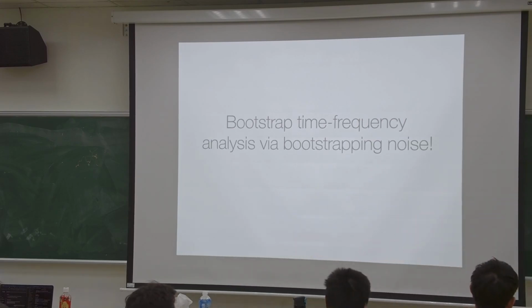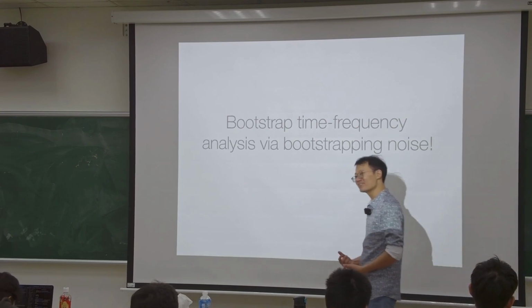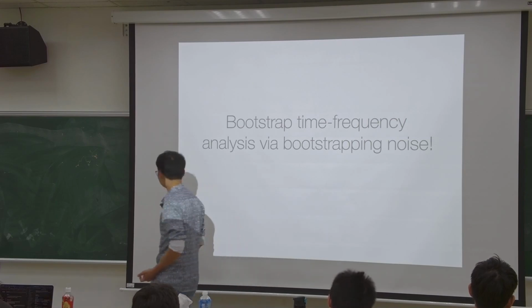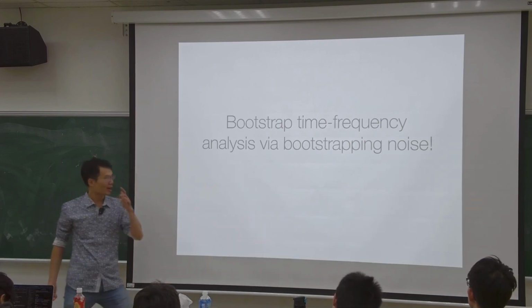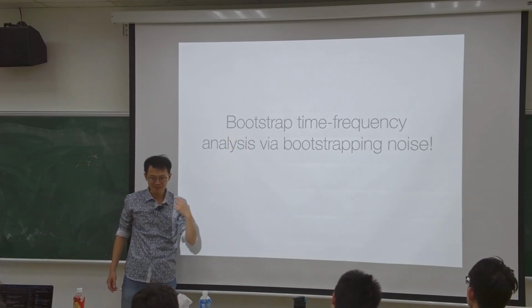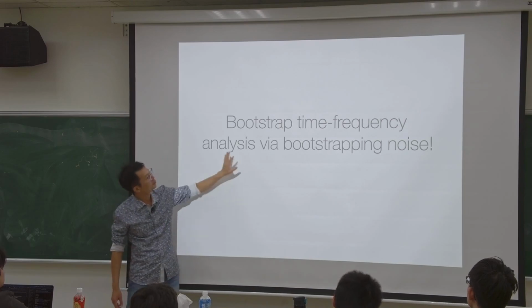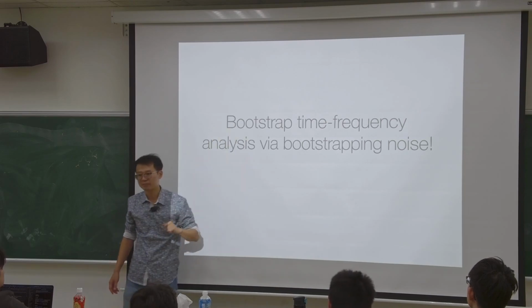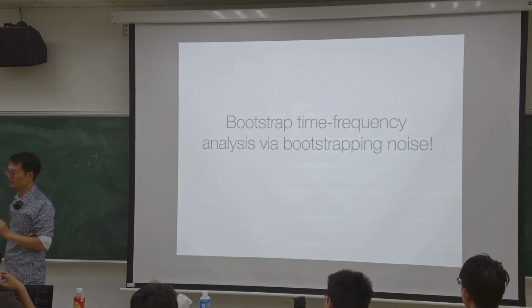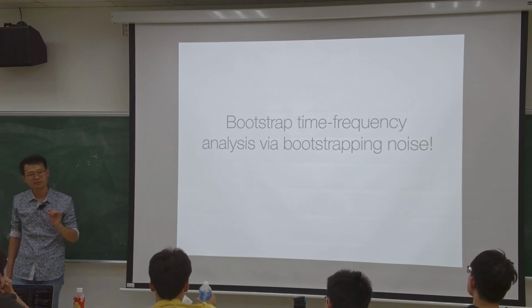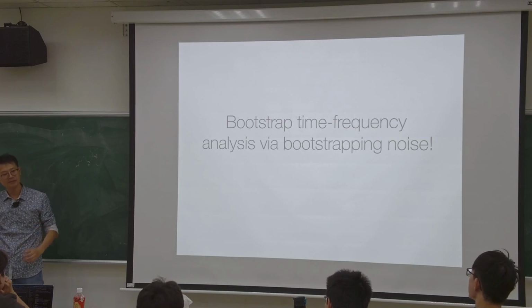To keep my word, I obviously cannot achieve it, so I will do the bootstrap in the next lecture. But I want to tell you very quickly how to achieve this kind of bootstrap and how to get the uncertainty quantification so that in practice you can answer some questions.